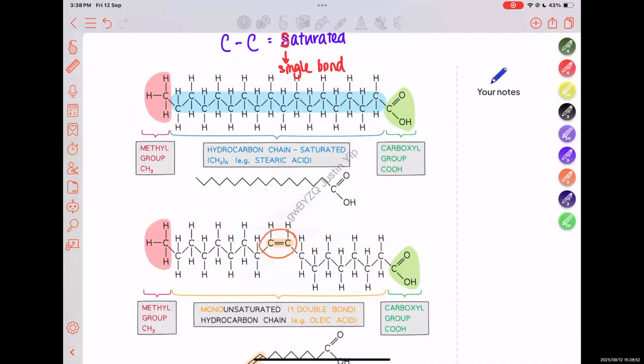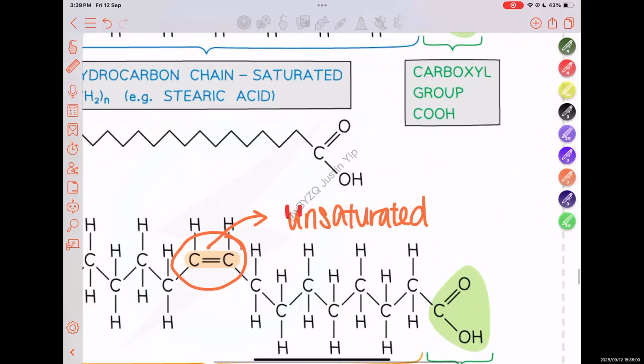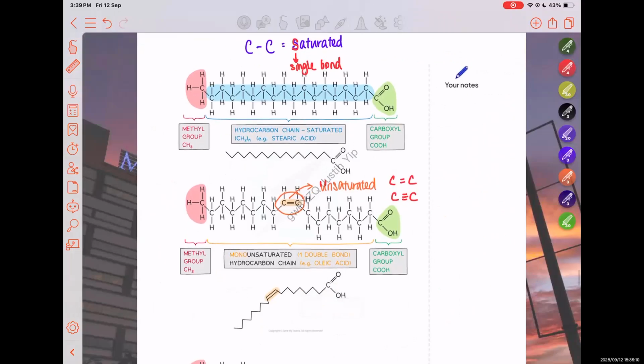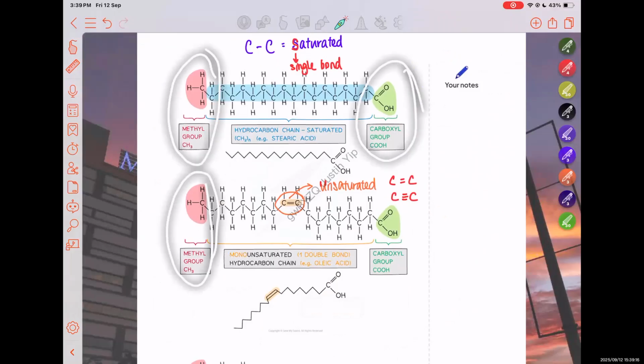While double bond is unsaturated. You see the U here, I got an equal part, right? So this is double bond, or sometimes triple bond is also called unsaturated. And both of them got a methyl group and also a carboxyl group.